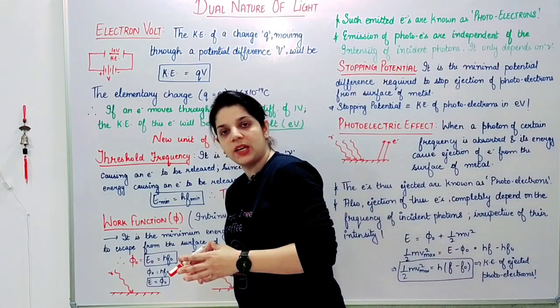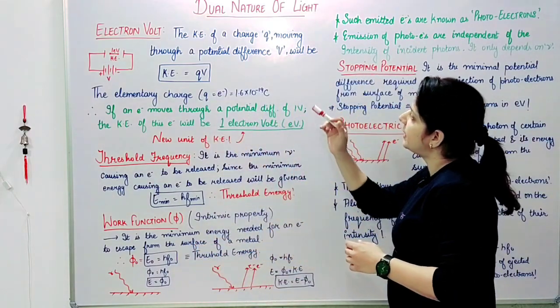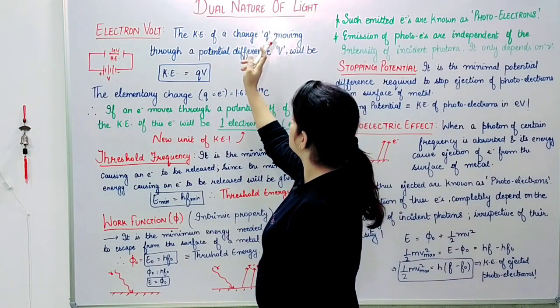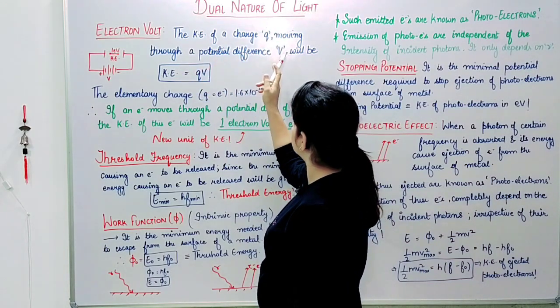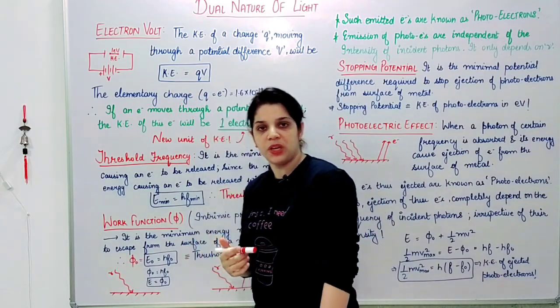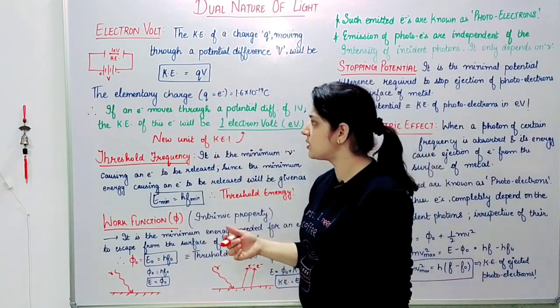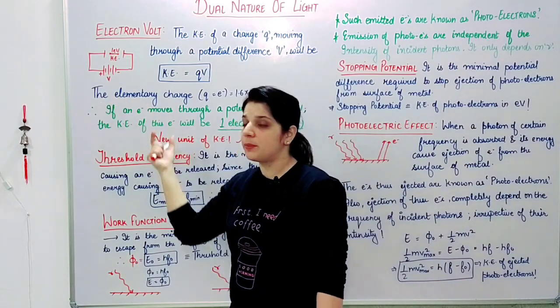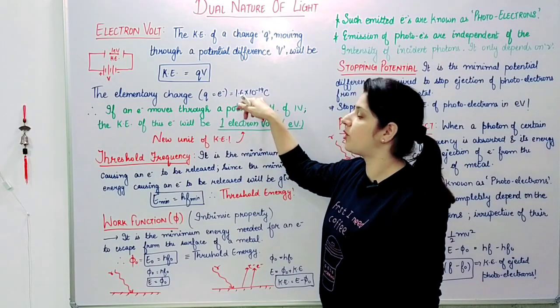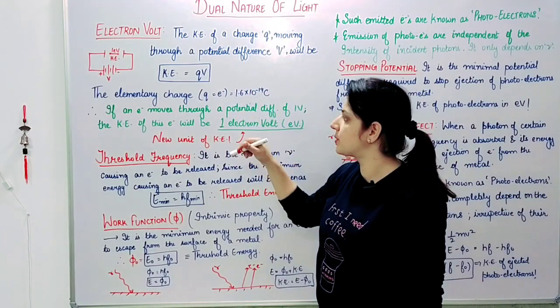So how do we define electron volt? We say the kinetic energy of a charge Q moving through a potential difference of V is given as kinetic energy equals Q into V, which is charge into potential difference. The elementary charge, that means the electron, is 1.6 into 10 to the power minus 19 coulombs.